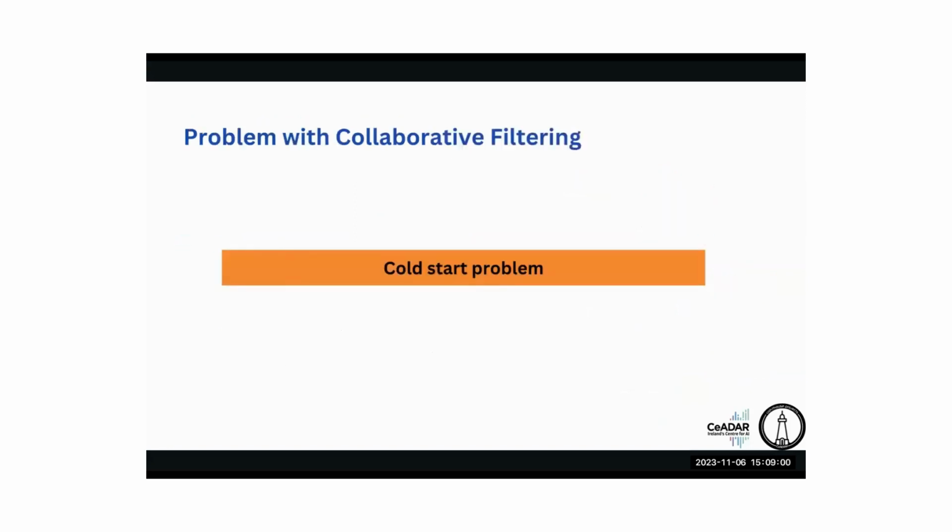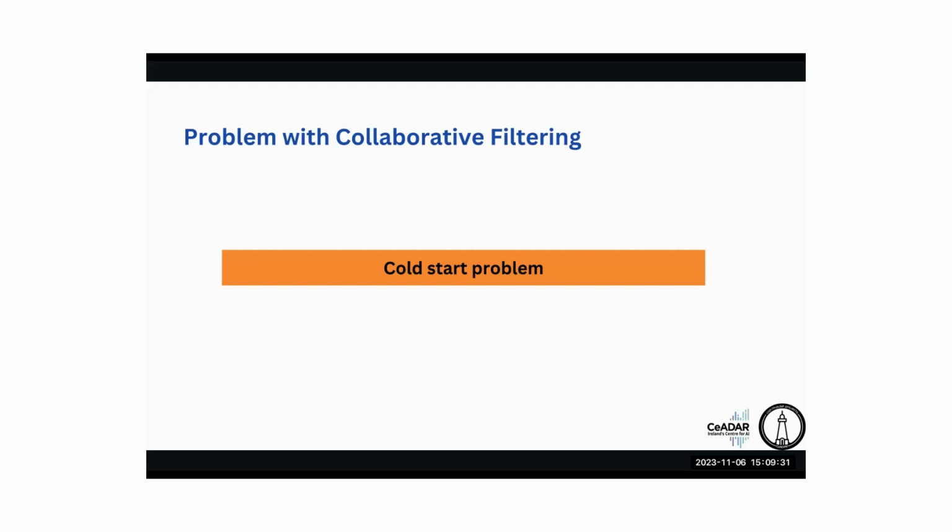The next important thing is the problems faced in collaborative filtering. In collaborative filtering, there is a problem called the cold start problem. A cold start problem is when there is a user who does not have historical data which can be used here. That's the important point: our user does not have clear data of historical events.